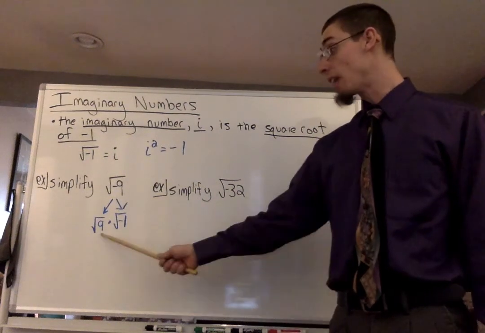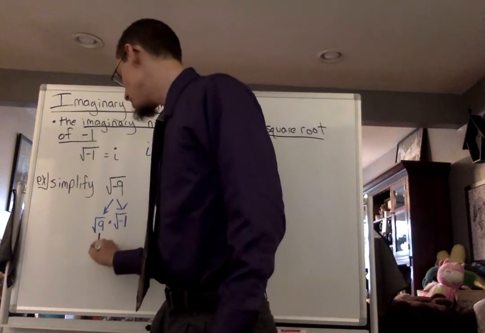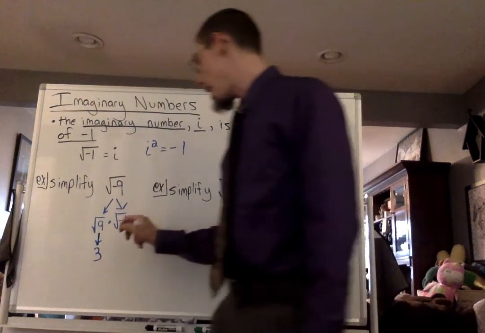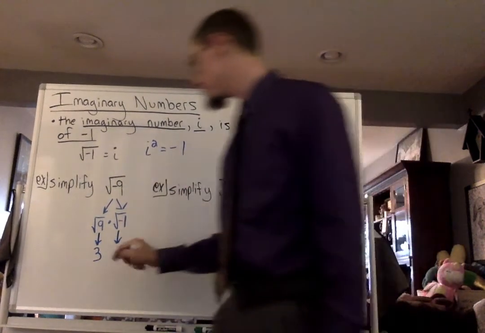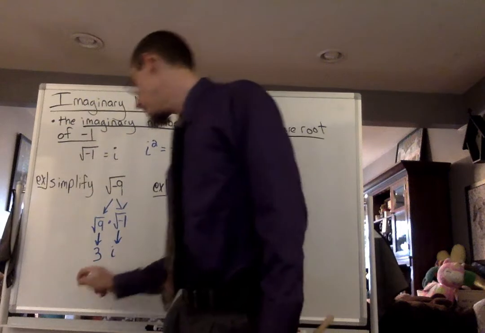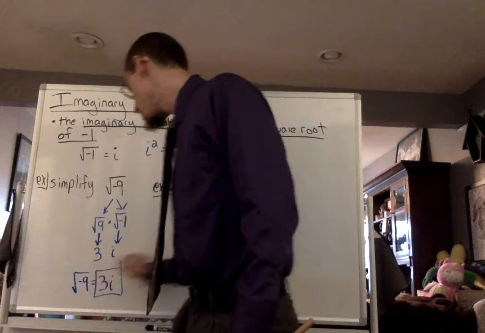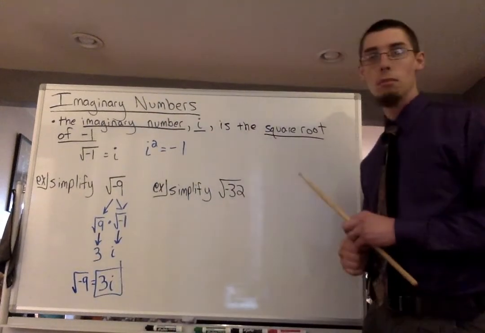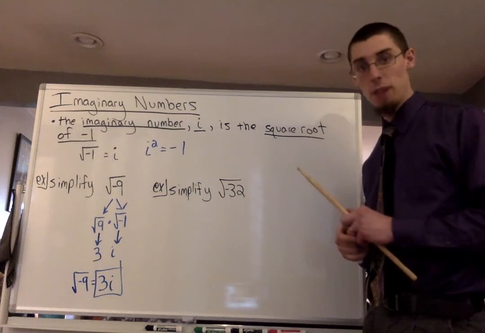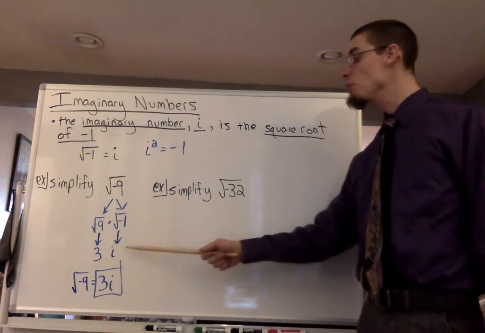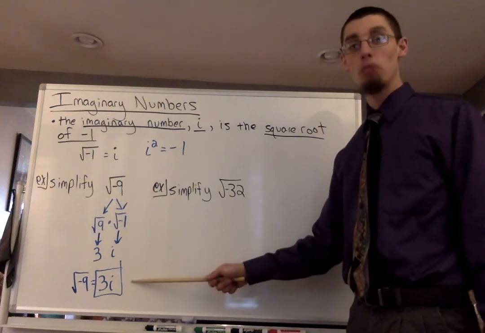The square root of 9 is 3, and the square root of negative 1 is i. So the square root of negative 9 equals 3i, which is 3 times i. And that's basically it. This is how you use the imaginary number i to simplify a square root.